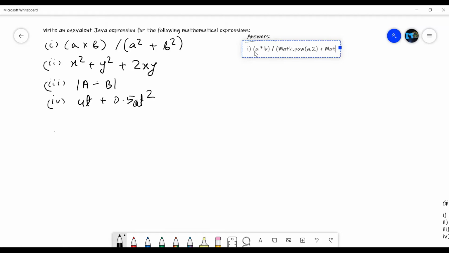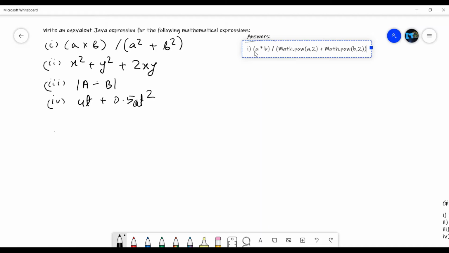I am using the plus sign here. Then Math.pow for b square, so b comma 2, then the closing parenthesis. So this is a square plus b square.